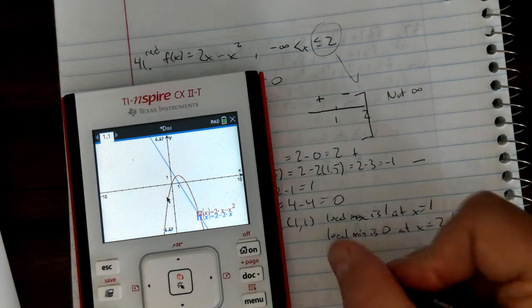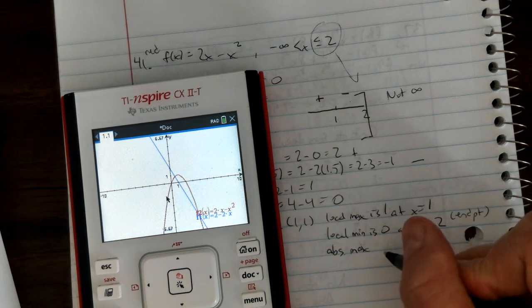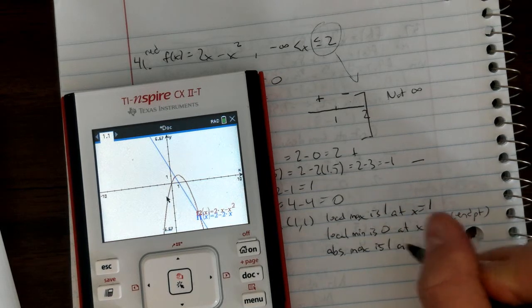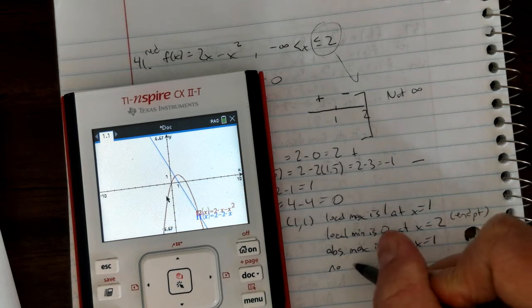So we do have an absolute max is 1 at x equals 1, and we have no absolute minimum.